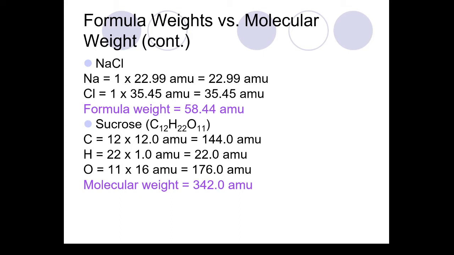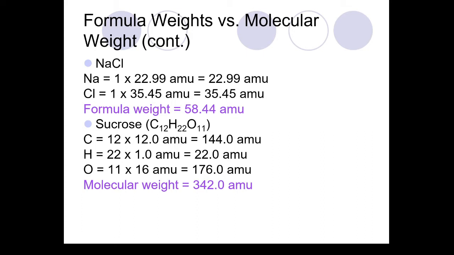Now, when I'm doing this in class on the board, I round to 23. It's not really going to throw things off that much, and depending on the periodic table you pick up, I'm not going to be a stickler for that. Chlorine's 35.5, so again, it's about 58.5 for sodium chloride. If I have little subscripts, based on how I'm bonding, I have to multiply the weight by said subscripts.